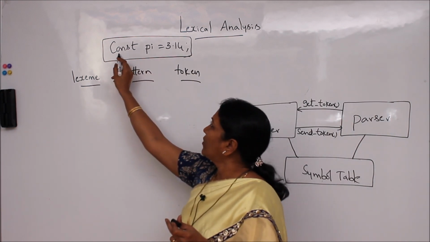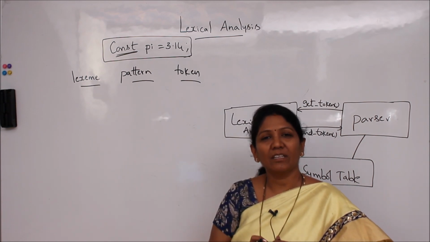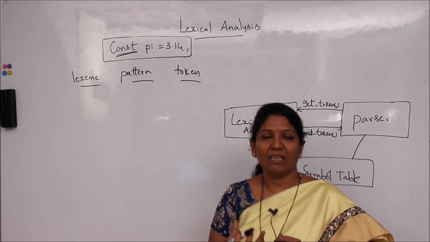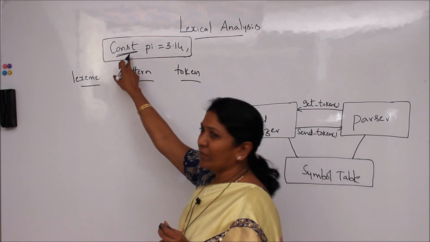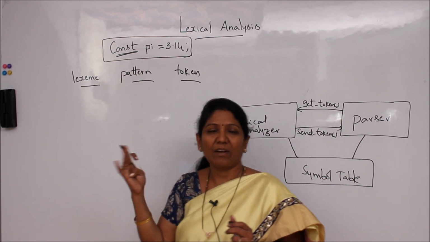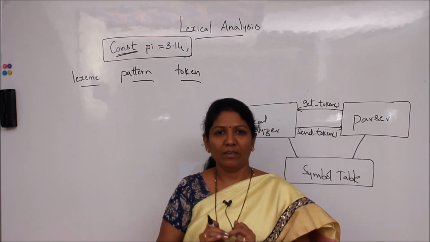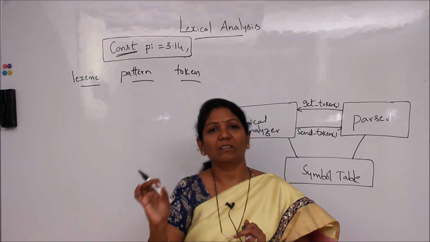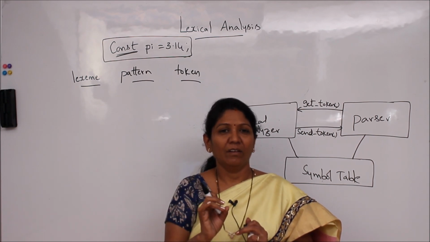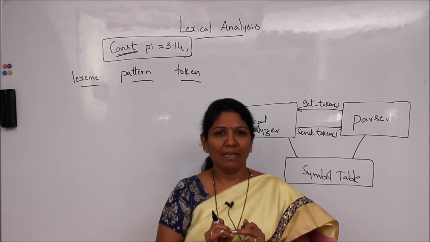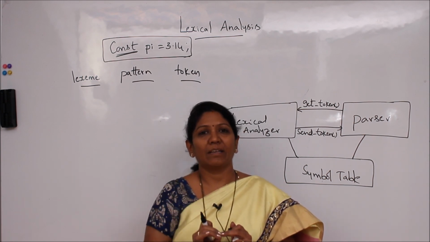If you look at the first word, const. Const here is a keyword, a reserved word, isn't it? Suppose we assume that our lexical analyzer takes every keyword as it is as a token, every operator also as it is as a token, and for every identifier the representative token is something like ID, and for every numerical constant the representative token is something like num.